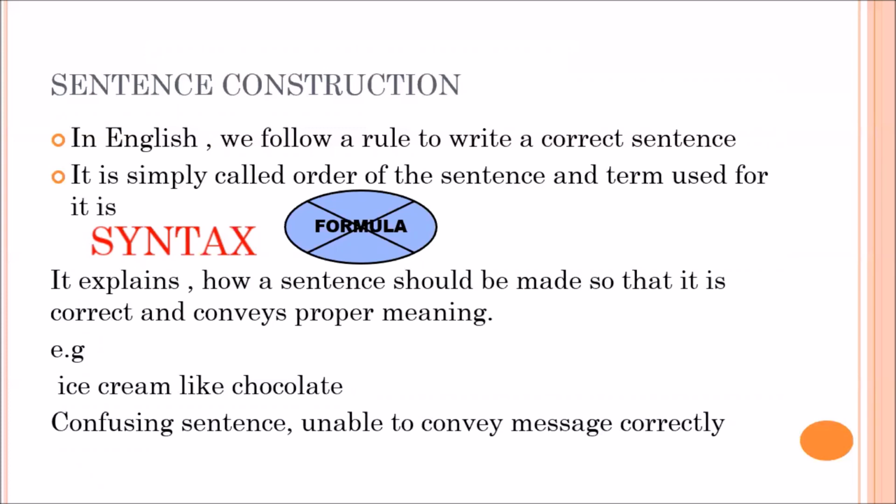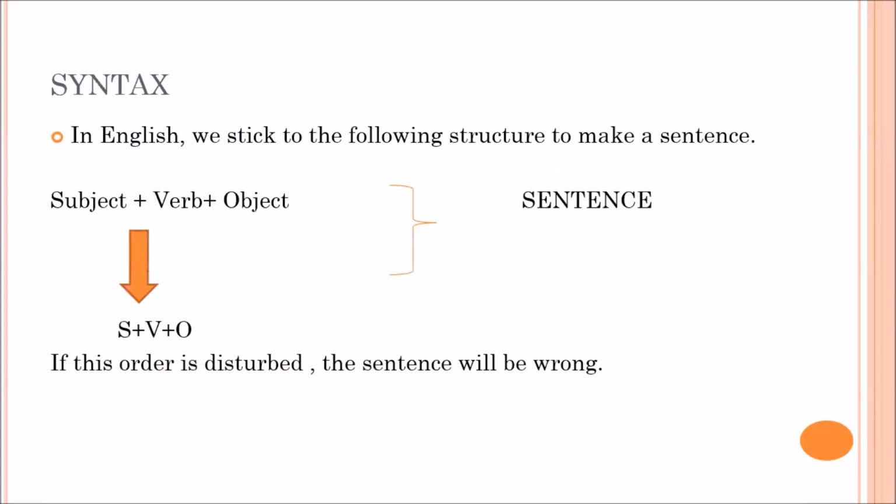For example, if I want to say something like ice cream, like chocolate, I may have been able to give you an idea of what is in my mind, but this sentence does not convey the correct meaning and you will remain confused about it. So it is a confusing sentence and it is unable to convey the message correctly because its structure is not in proper order.